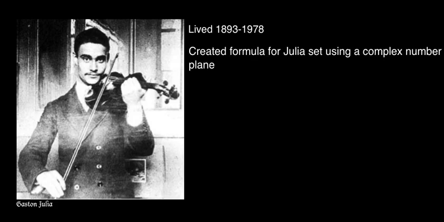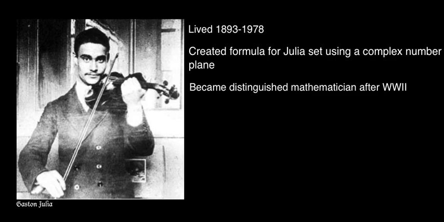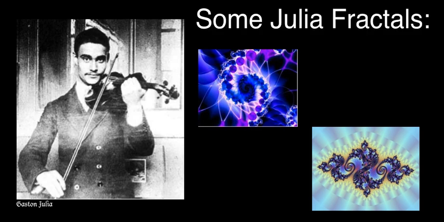After serving in the Second World War, he became a distinguished mathematician. Julia's work was forgotten until another mathematician named Benoit Mandelbrot brought Julia's work back into the limelight in the 1970s. Now on the screen are some examples of Julia's fractals.